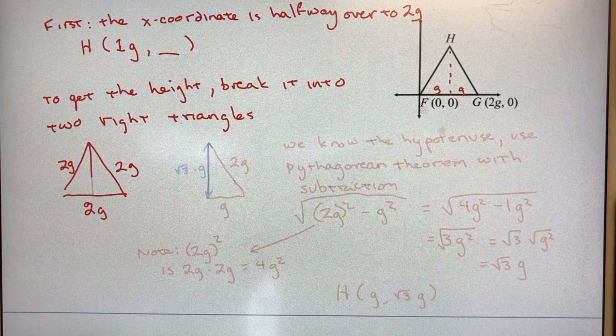So when I break off my right triangle, let me just do it this way. Still 2g on the hypotenuse, but then I'm breaking it in half, so this is only g. If you remember from a few problem sets and notes before, if you know the hypotenuse, we can use the Pythagorean theorem with subtraction.